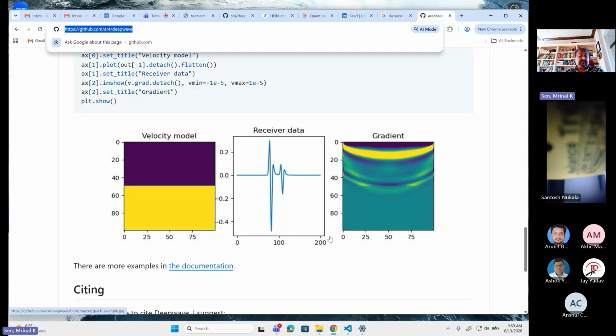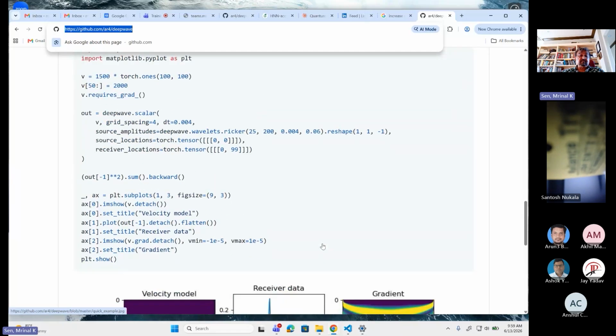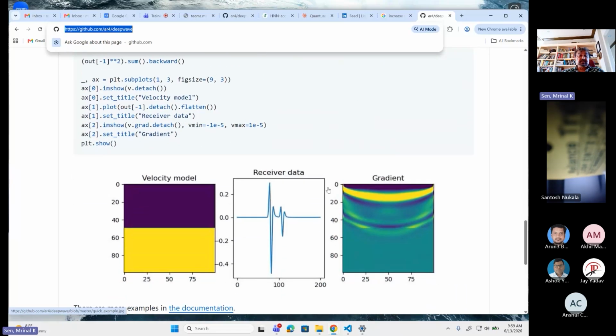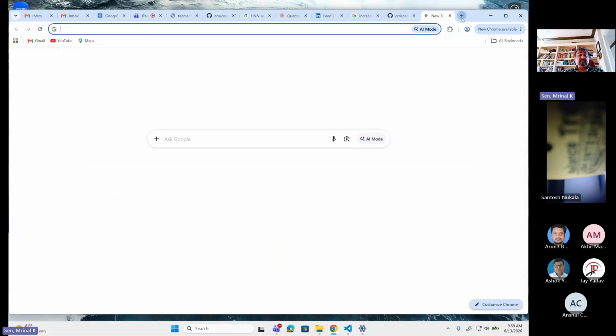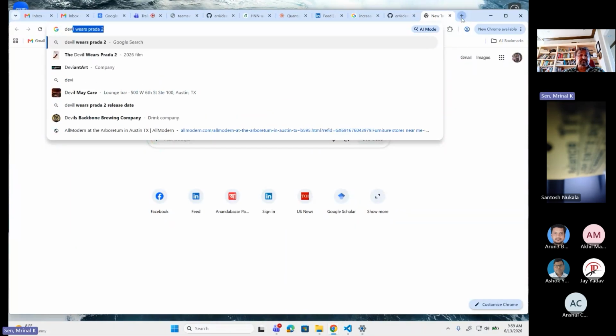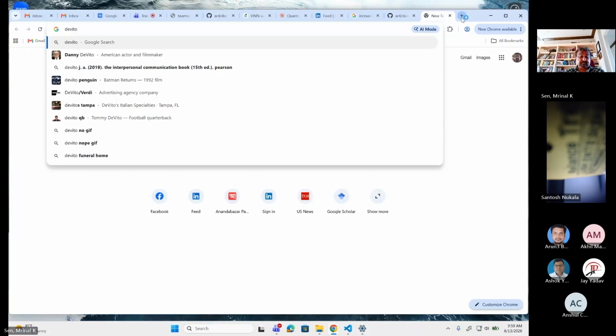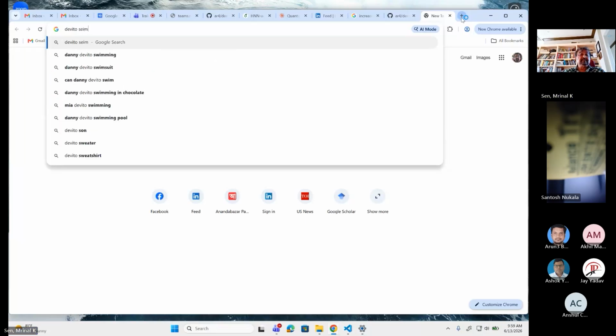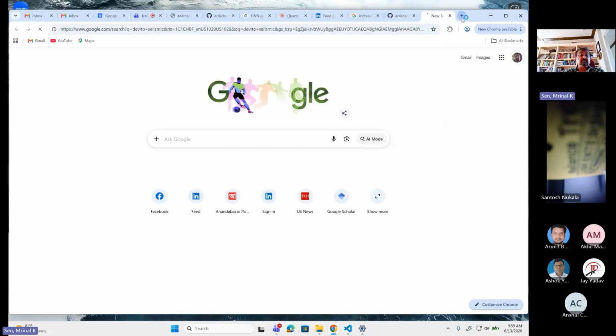You can ignore that. So I would very strongly recommend that you try to have some experience with this code. Okay. You just have to build the environment and run it. And then if you want to go to Devito, there is a lot of literature available.